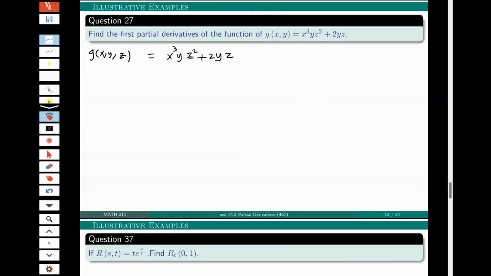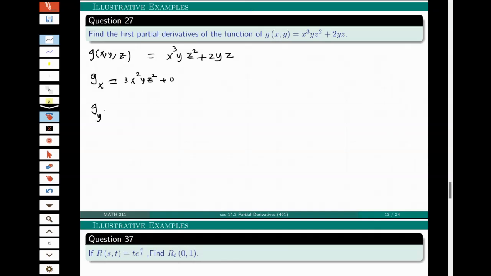So the first derivative he means, derivative with respect to x means y and z are constant. So the derivative with respect to x is 3x squared, y and z constant, plus 0.